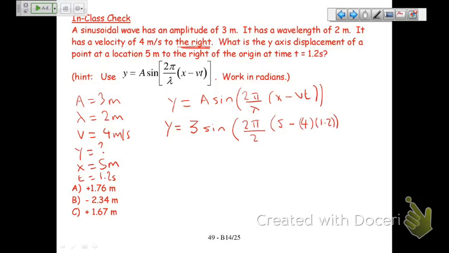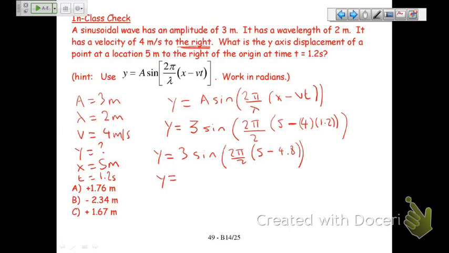Now notice, it's going to the right, it's a positive-going wave, so it's a negative sign in there, and I've got to be careful about that. Then y is equal to 3 sine of 2 pi over 2 times (5 minus 4.8). 4 times 1.2 is 4.8.